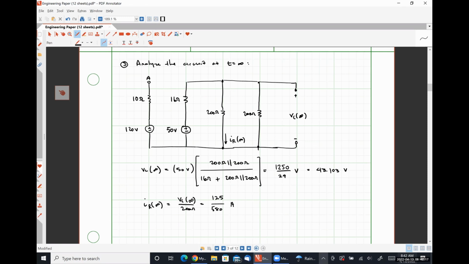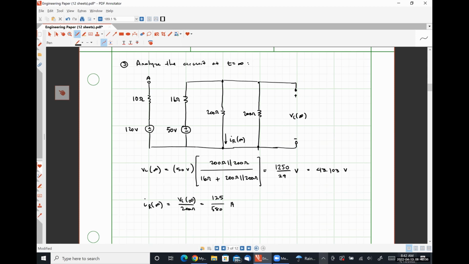All right. So how do we feel about our analysis at t is equal to infinity? Anything not make sense? Voltage division may not have been obvious to everybody, but we could have done mesh analysis to get our current IR.